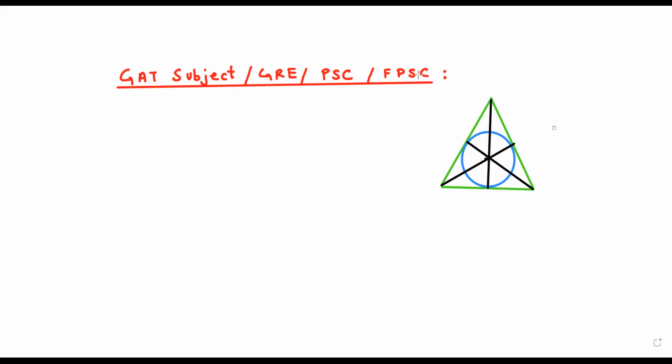Okay, now see here we are given an equilateral triangle, and here we have A, B, and C. You know that if we are given an equilateral triangle, it means measure angle A is equal to measure angle B is equal to measure angle C is equal to 60 degrees.